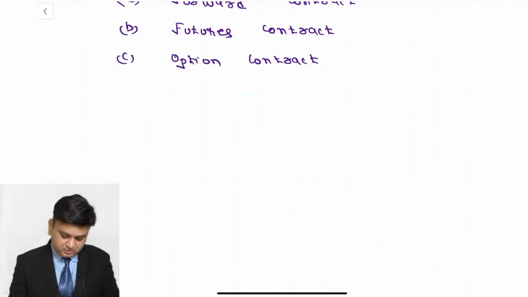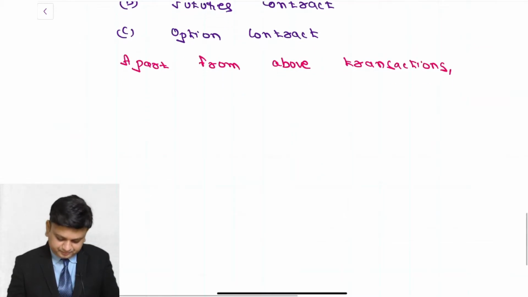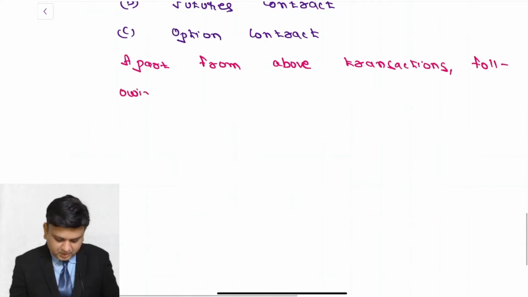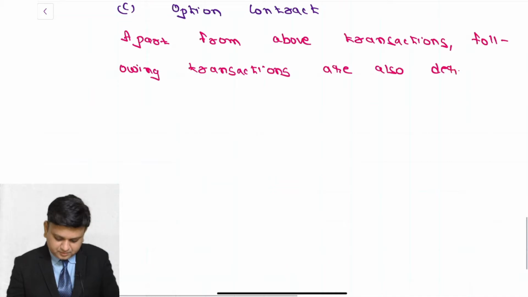With paragraph, write down: apart from the above transactions, the following transactions are also derivatives.